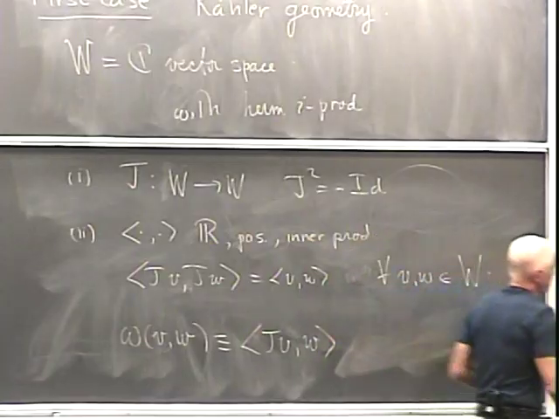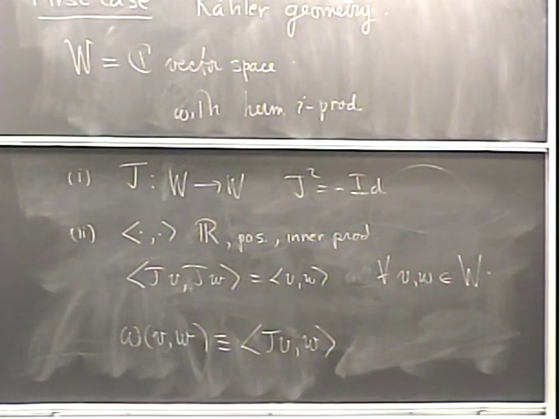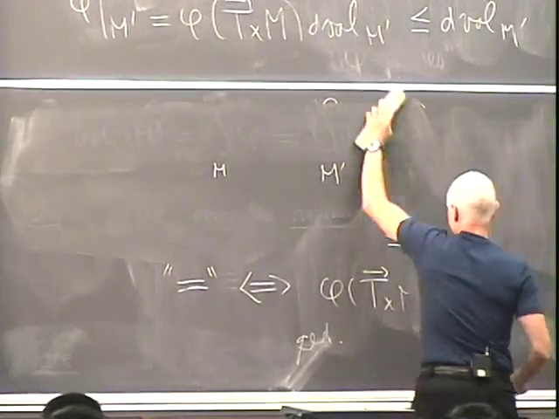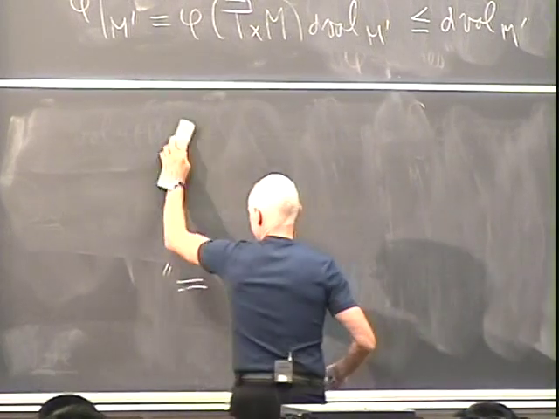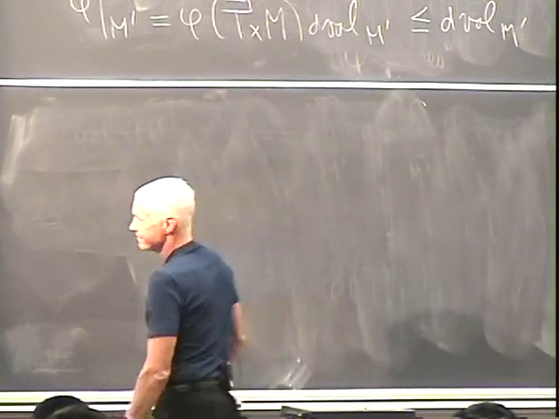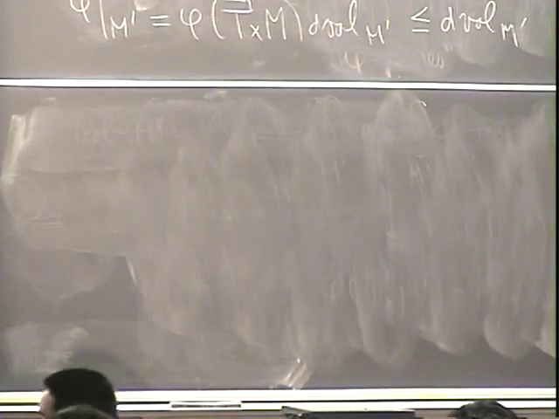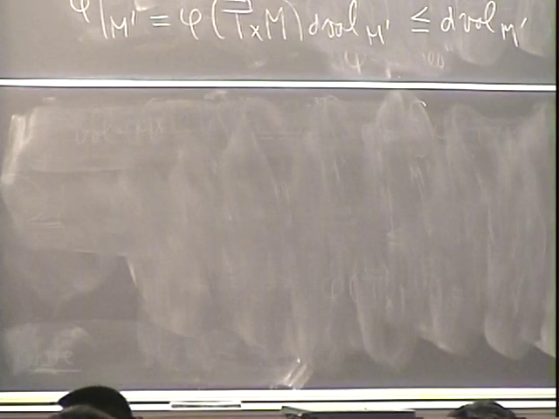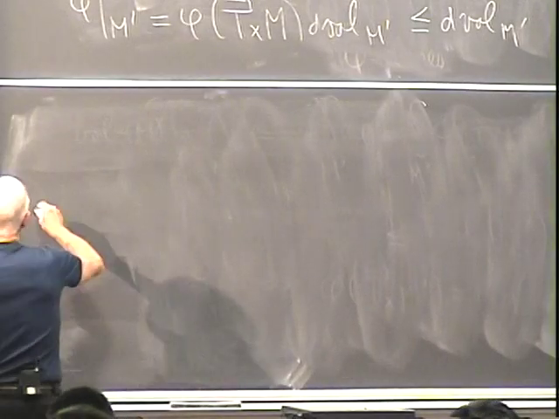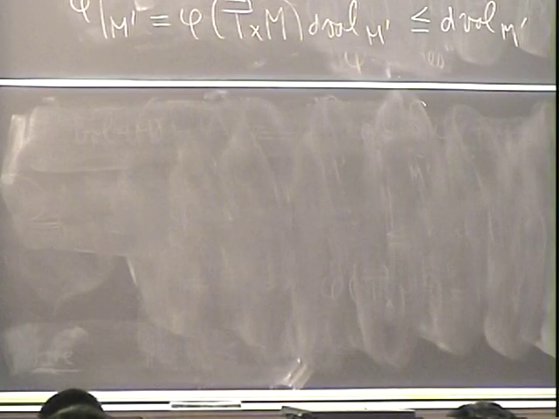All right, so now the claim is that this always has comass 1.